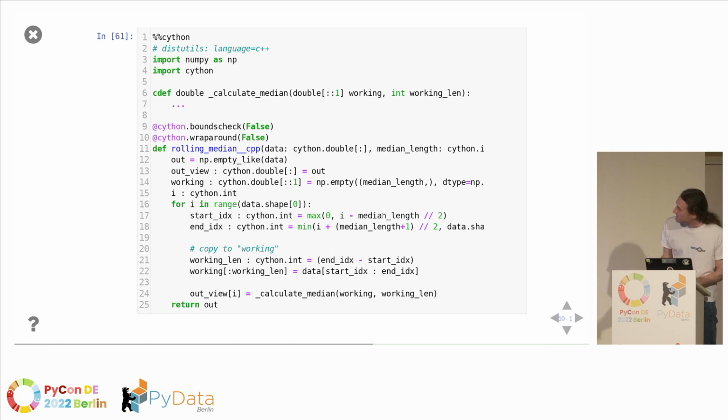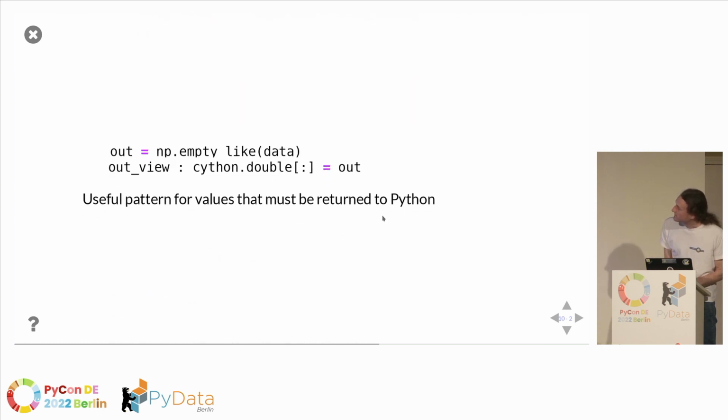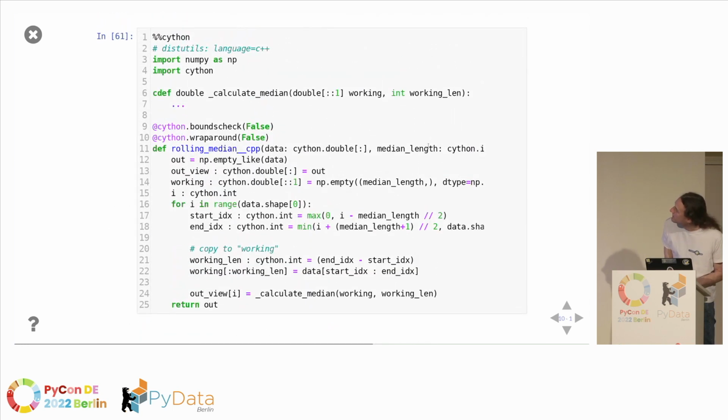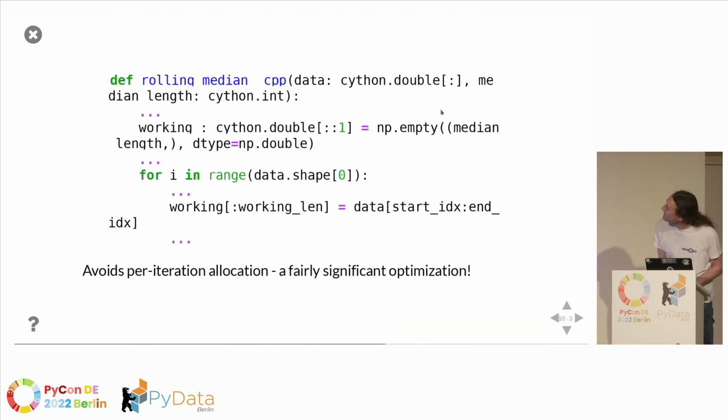Okay, yeah, I'll skip that. And one trick that we can see here, I'll also skip that, doesn't matter. Okay, yeah. So one thing we're doing here is we're avoiding an allocation, meaning in the NumPy implementation we did slicing, right?